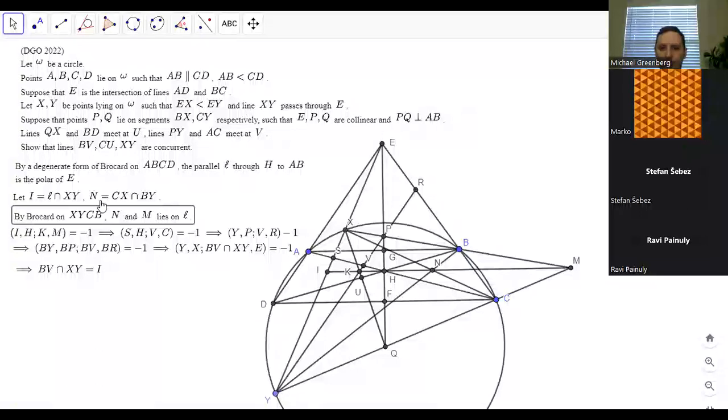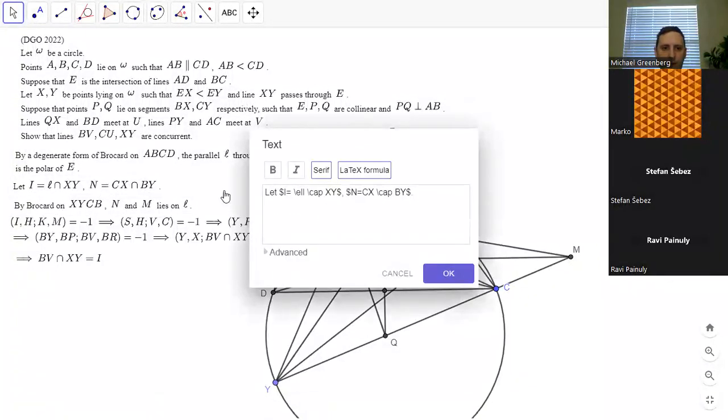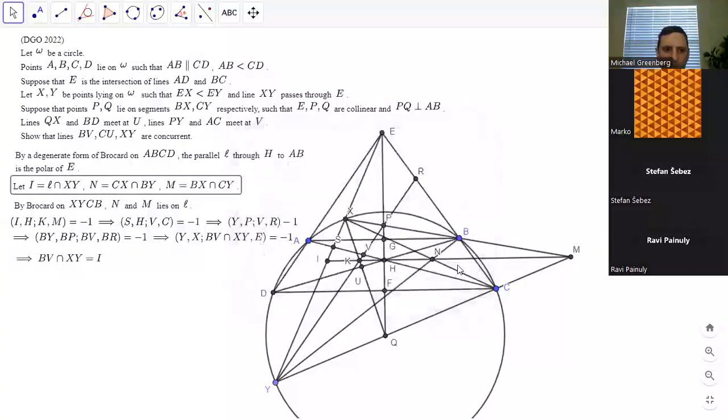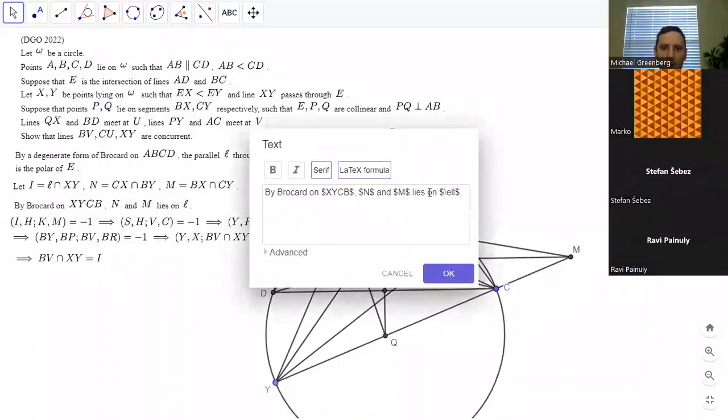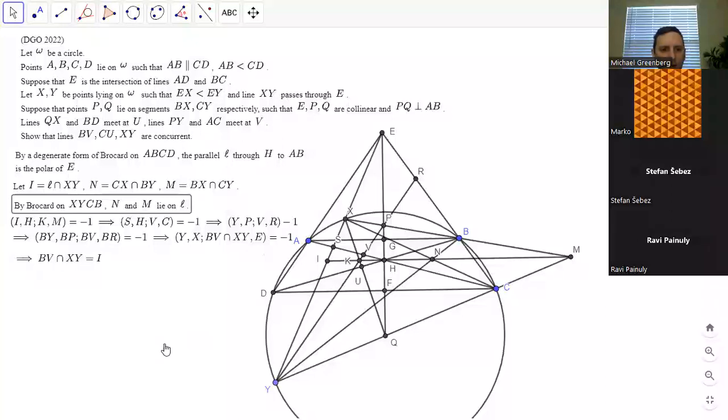Hello. So M is BX intersects CY. Okay, just going to fix my grammar here just because it's bothering me. Okay, and then let R, well, we could define R. R is YP intersects CE.